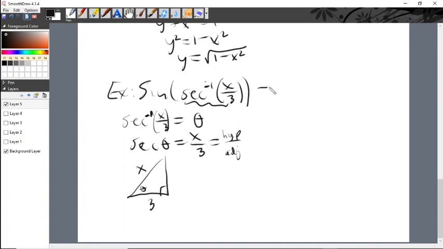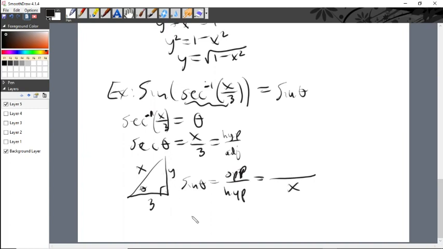Now what we want to evaluate is the sine of theta, because the arcsecant of x over 3 is theta. The sine of theta is opposite over hypotenuse. We already have the hypotenuse, that's x. We have to figure out the opposite.